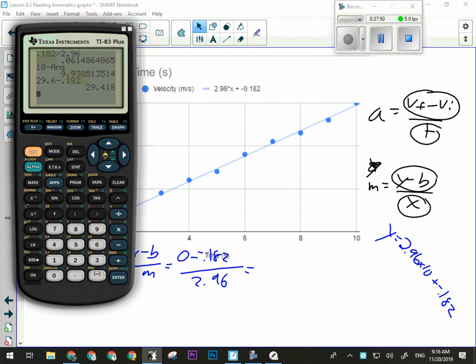All right, so now I've got the height of my triangle, and I know the base of my triangle is this number here, so I'm going to take this number, divide it by 2, and then multiply it by 9.9385135. Why am I keeping all the decimals? I have to.